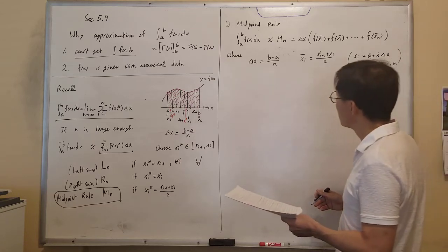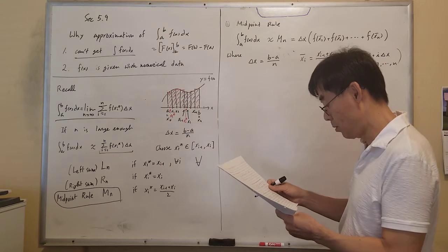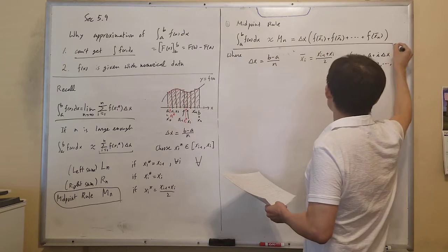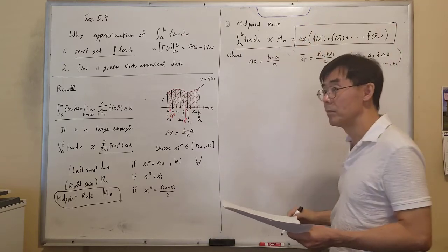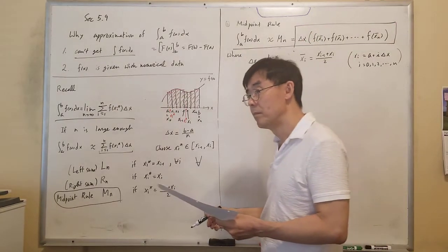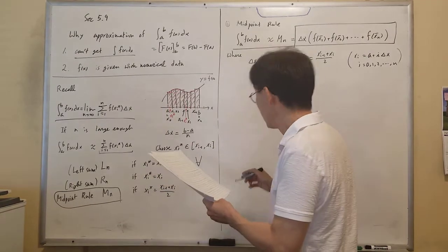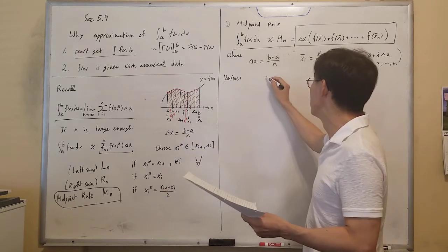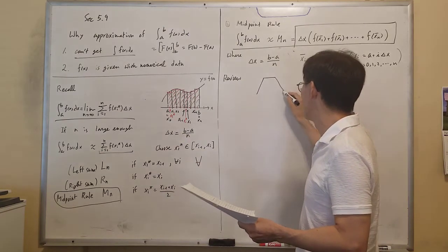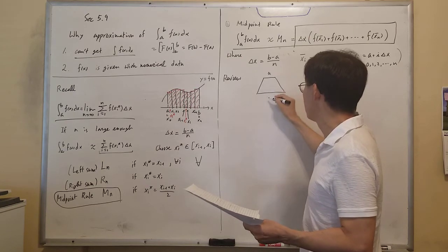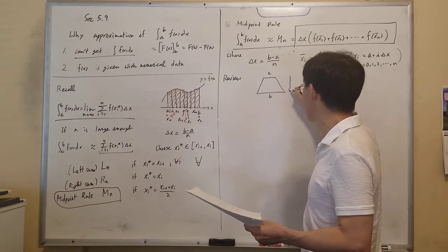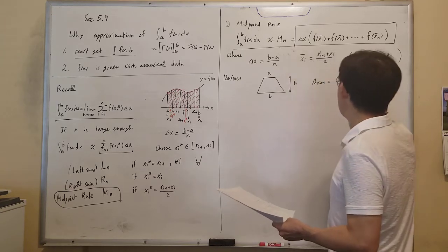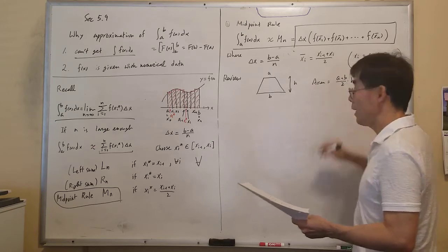Now, there are other rules called the trapezoidal rule. So this is it. Now review. When you have a trapezoid, with base lengths A and B and height h, your area is the average of the bases times h.